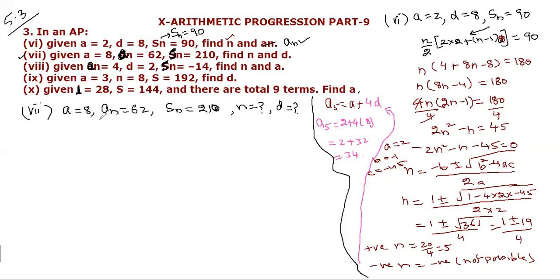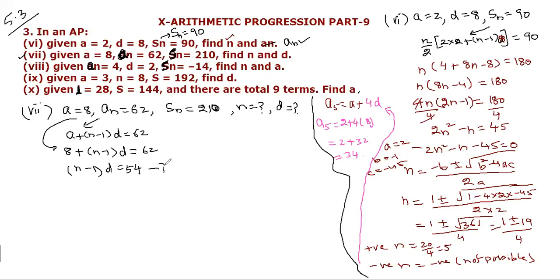So an is equal to a plus n minus 1 into d is equal to 62. Okay, so you can put the value of a as 8 and you will have the equation in n and d. So 8 plus n minus 1 into d is equal to 62, and this 8 will come on the right hand side. n minus 1 into d is equal to 62 minus 8. So that will become 54.